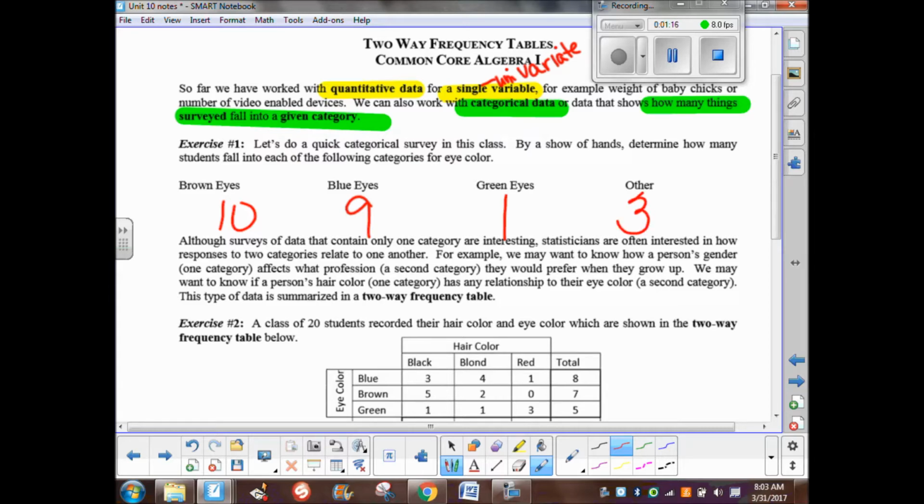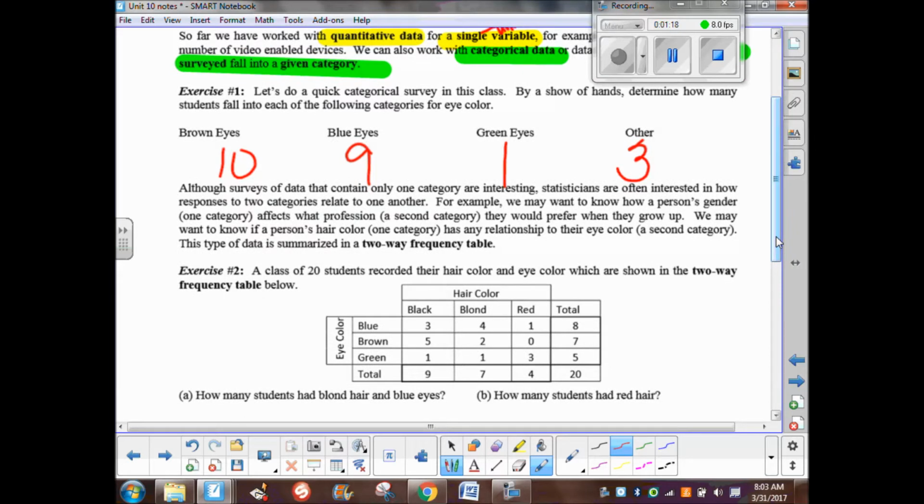So it says all those surveys of data that contain only one category are interesting. Okay, it's kind of interesting to see the eye color in this class. But we like to see how two categories can be related to each other. So now let's take that eye color and then let's throw in hair color and see if there's any relationship between a person's eye color and hair color.